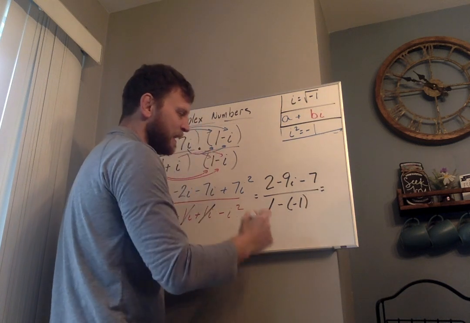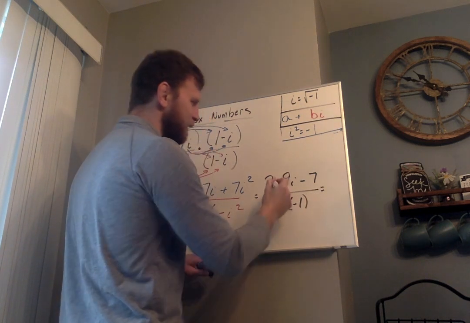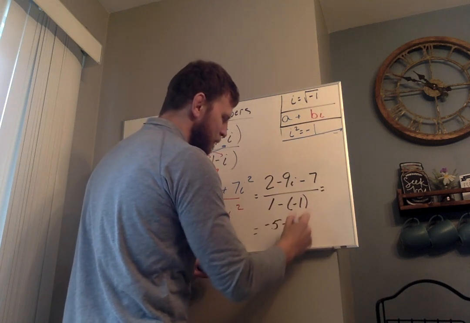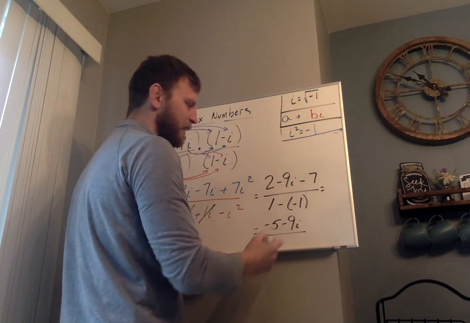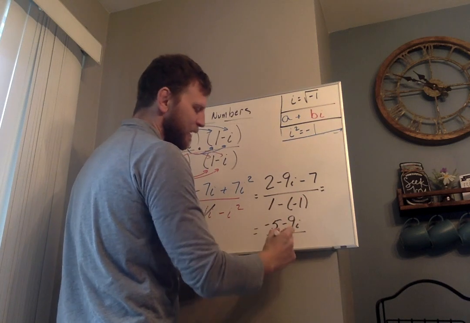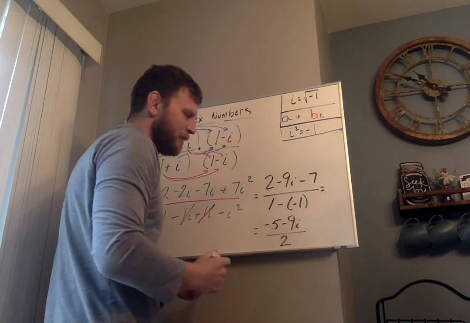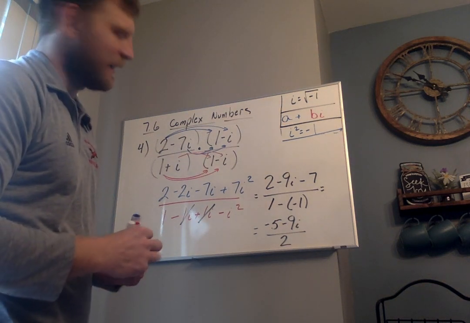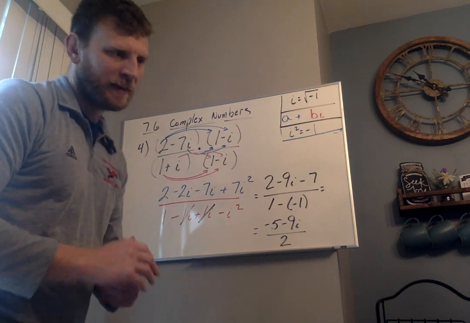So that gives me 2 minus 7 is negative 5 minus 9i. On bottom, negative, negative, that's a positive, so that's 2. So I have negative 5 minus 9i divided by 2.